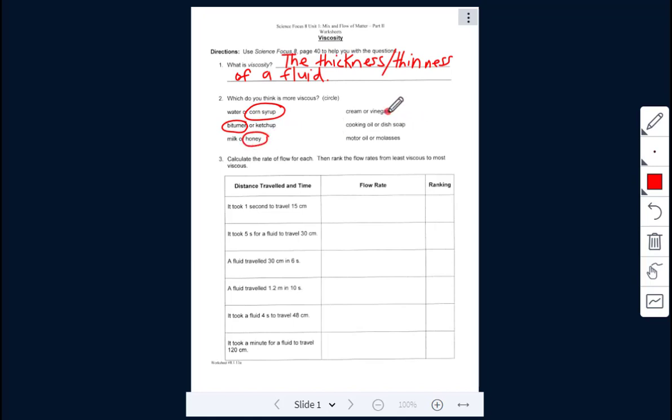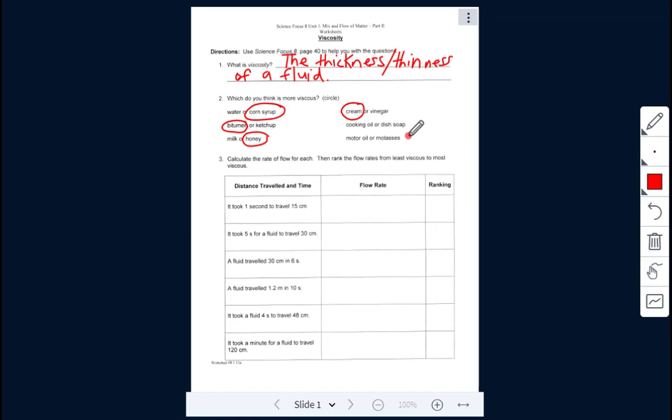Good. Next, we have cream or vinegar. Yeah, everyone's going with cream. That is correct. Cooking oil or dish soap.